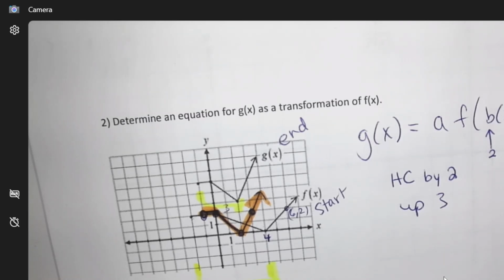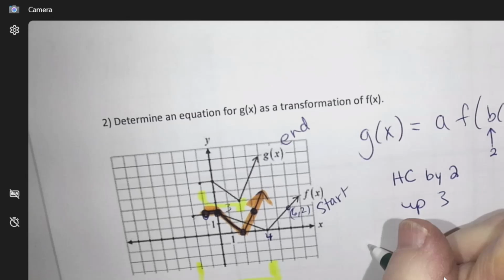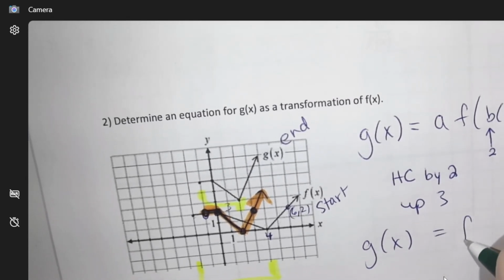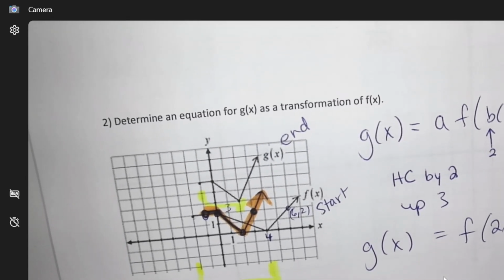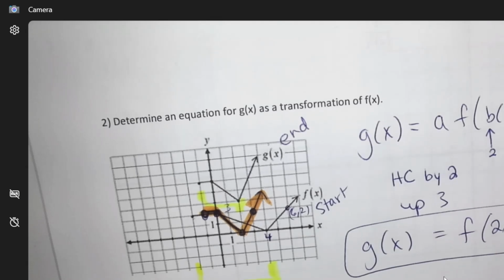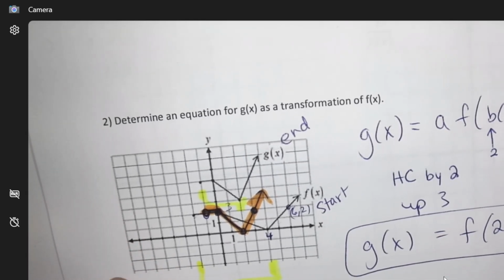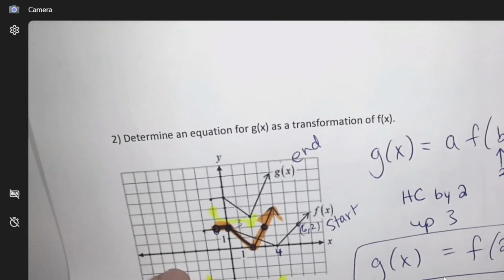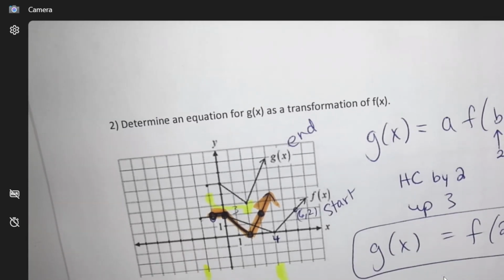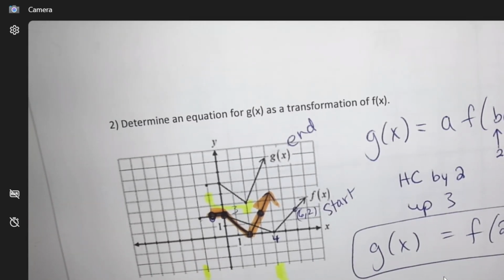So if we squish it in and then move it up, it will land there. Order of operations though, right? Reflections, compressions, stretches have to happen before shifts.